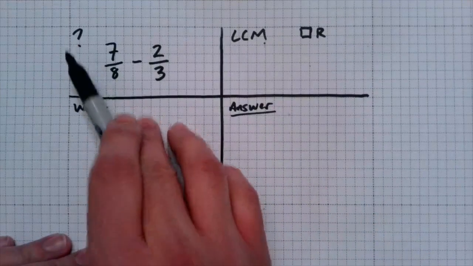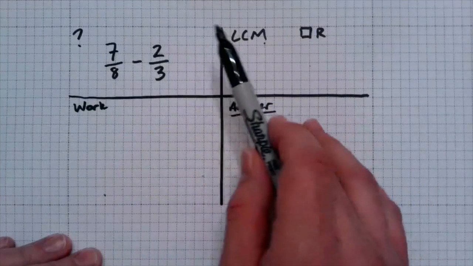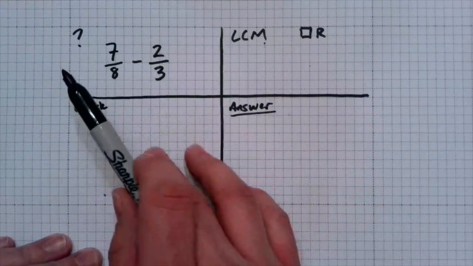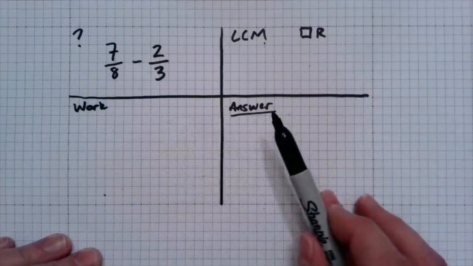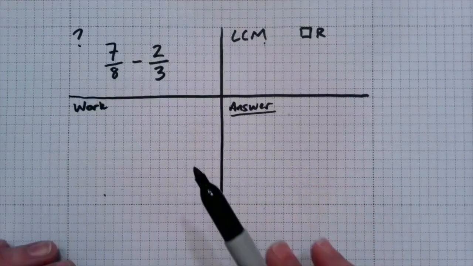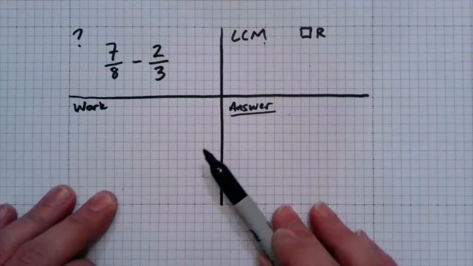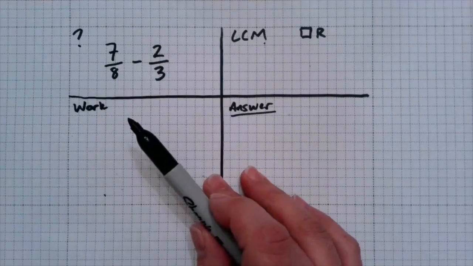So this top left box and this graphic organizer, this giant plus symbol with question mark, LCM, box with an R, work, and answer. All of that put together is called the problem solving matrix. It's basically a graphic organizer.